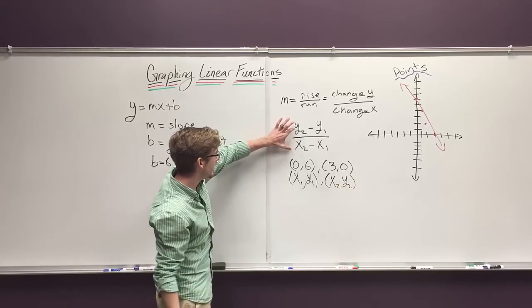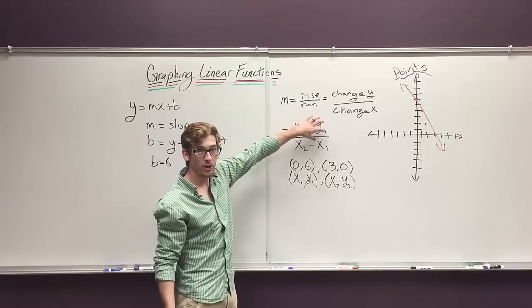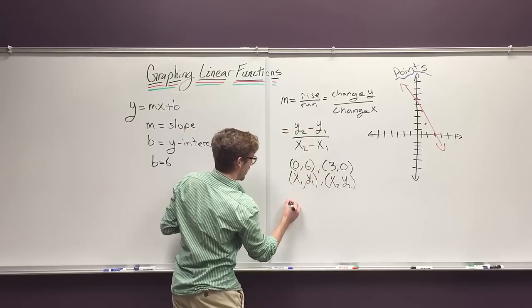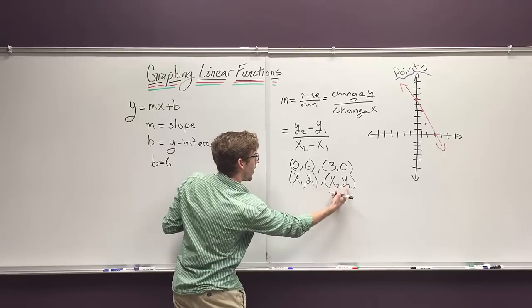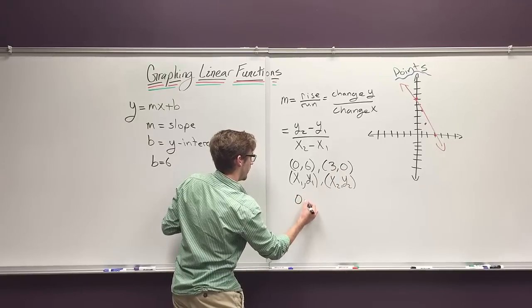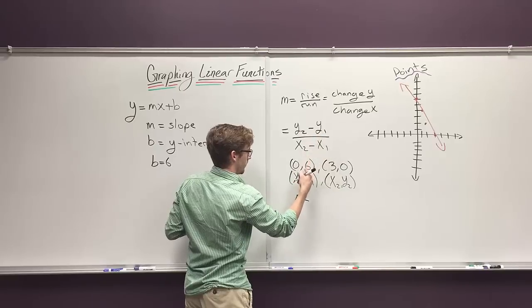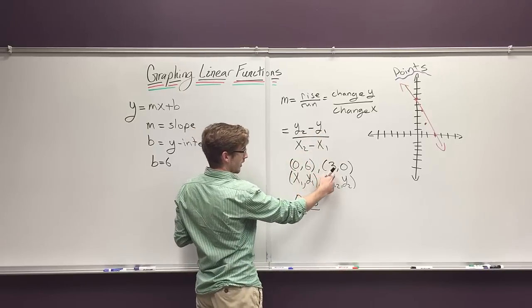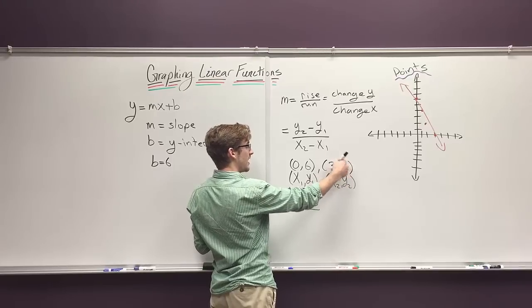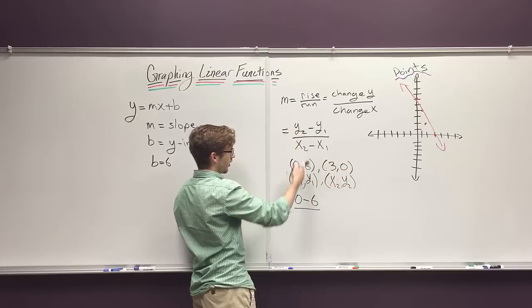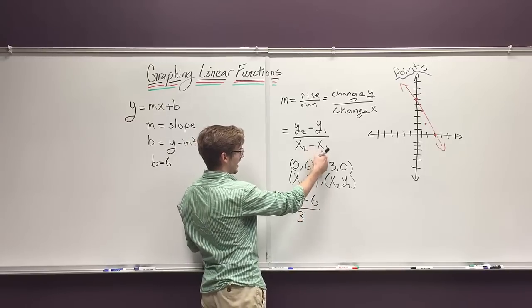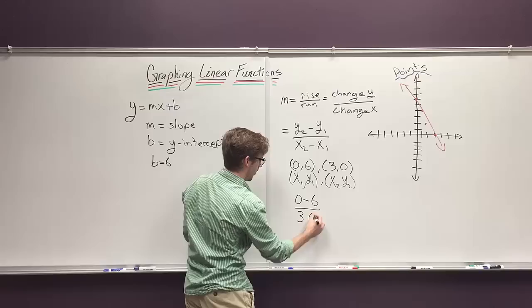And now we just plug the values into our little equation. So we would have y2, which is 0, minus y1, which is 6, over x2, which is 3. Notice x2 and y2 come from the same ordered pair. Minus x1, and x1 is 0.